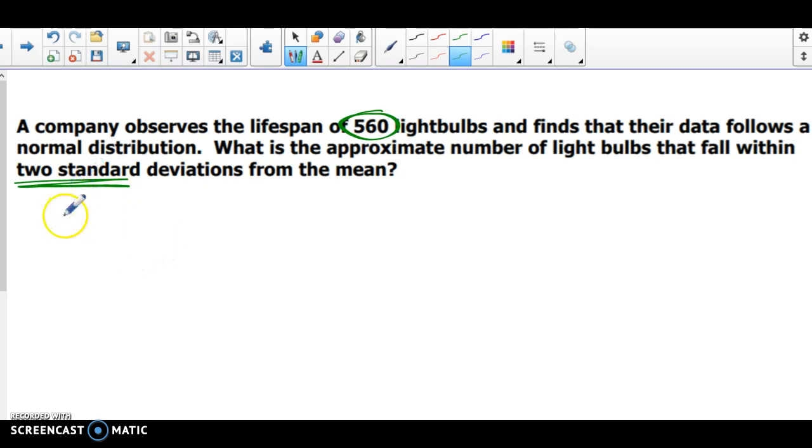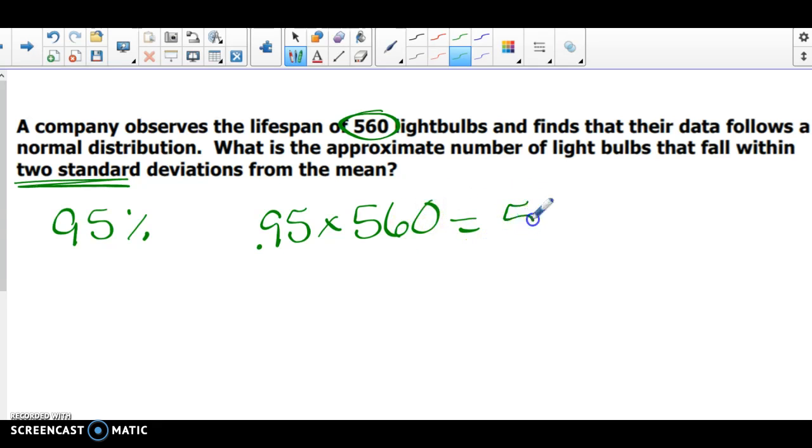We just did that. 2 standard deviations is 95%. Okay, so if we're going to look at multiplying so that we can figure out exactly how many, we're going to take 0.95 and we're going to multiply it times 560. And when we do that, we get 532.